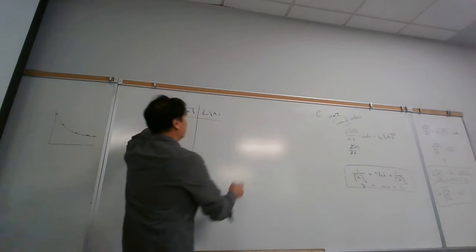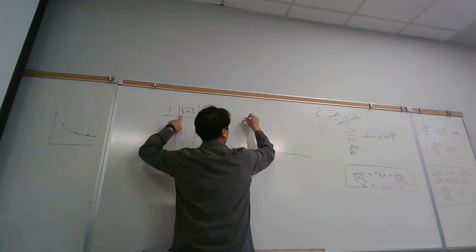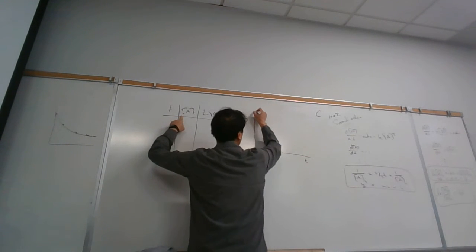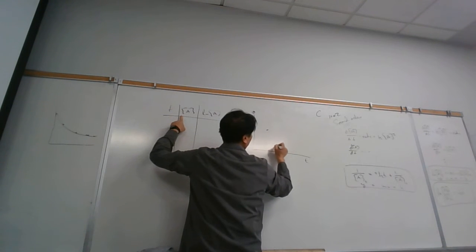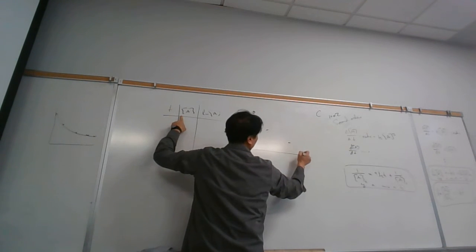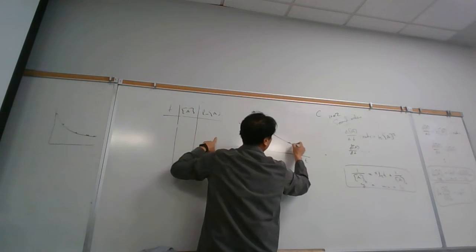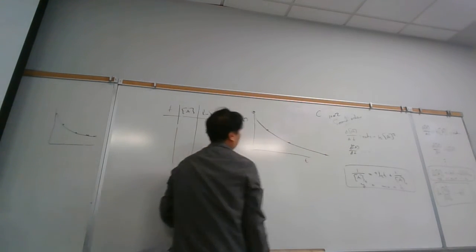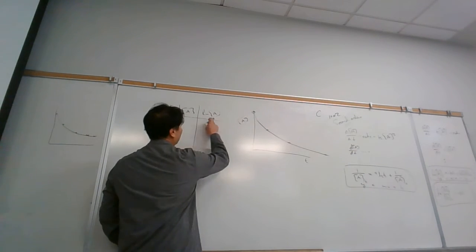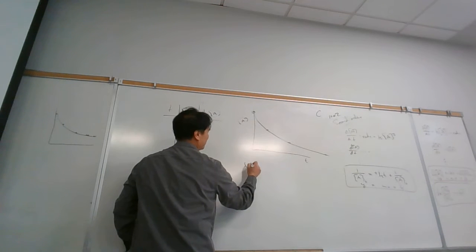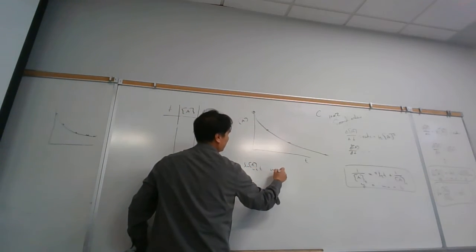For second order, if we plot A versus time, it's curved, the slope is changing. It'll look like that. Sometimes the curves are a bit harder to analyze. If we plot ln of A versus t, it's also curved. This is also nonlinear.